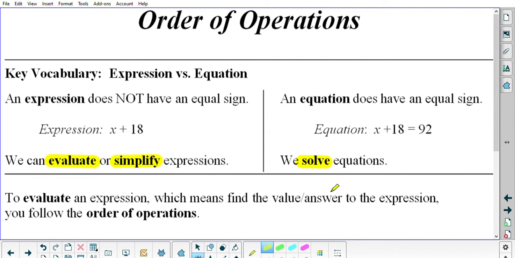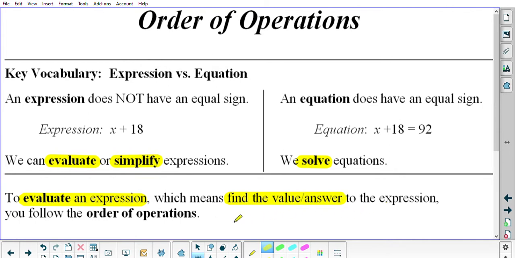We'll get into that in a future chapter, but that's a big difference in vocabulary that I need you to be aware of. To evaluate an expression means that you're going to find the value, which means find the answer, the final answer, to that expression.